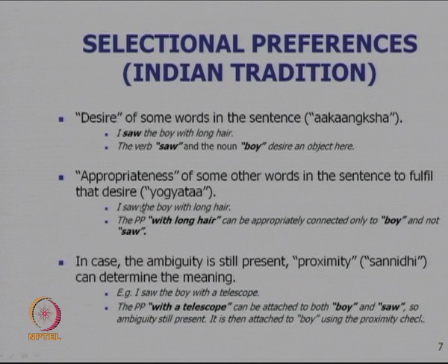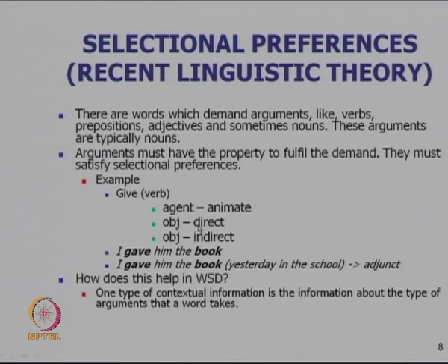Okay. So, these fundamental principles of disambiguation were discussed in the old Indian linguistic tradition, namely desire of the word, appropriateness of the word to fulfill the desire, and proximity or nearness of the word. Now, recent linguistic theory looks upon selectional preferences through the window of arguments and adjuncts.